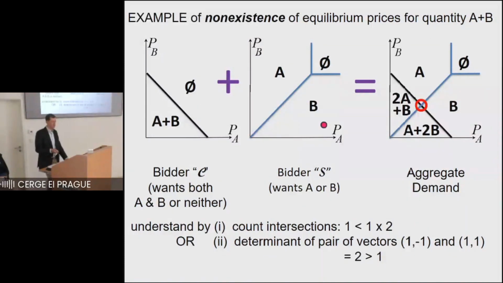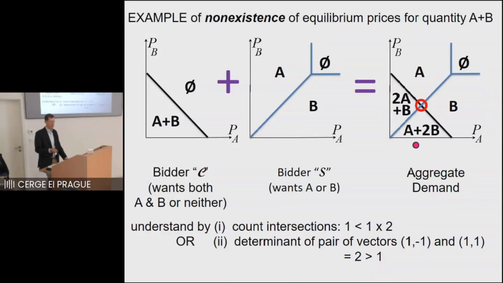The other consumer wants an apple or a banana at sufficiently low prices, but has no interest in both. To find total demand from these two consumers, I simply superimpose the two pictures to get this picture. And what you see is that when prices are low, we can sell 2 apples and a banana, so 2 to the person who wants both and 1 to the person who wants 1.